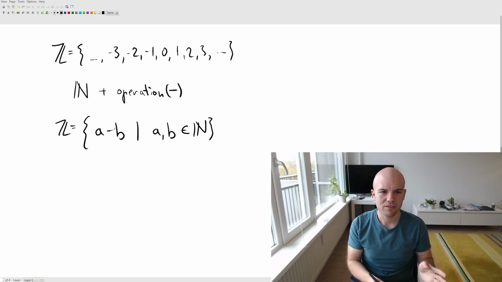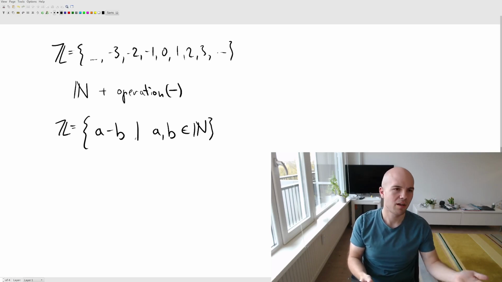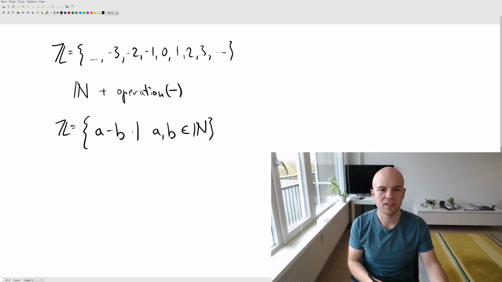You can verify this yourself. Any negative integer is 0 minus some natural number. Any positive integer is a natural number minus 0. And so obviously we can obtain every integer using this representation.